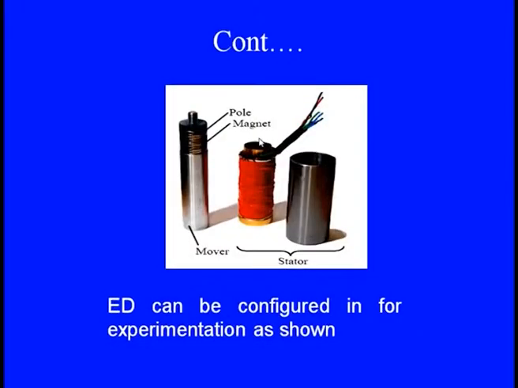We can even show how these electromagnetic dampers look commercially. We have the stator part and the mover part, in which the poles and the magnets are coupled together, and through these permanent magnets the fields are generated and can act effectively as damping devices.